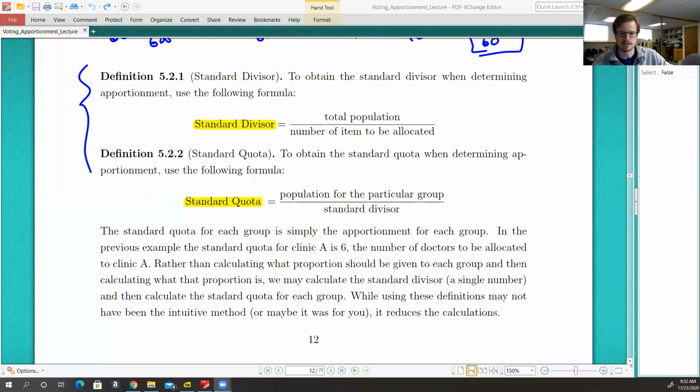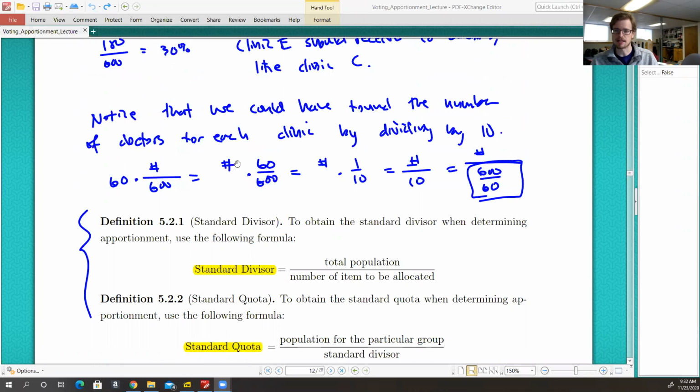What we'd like to do in this video is continue taking a look at apportionment methods, finishing up with our introduction. For the last bit of our introduction, I would like to take a look at the standard divisor and the standard quota for essentially the same example that we looked at initially.